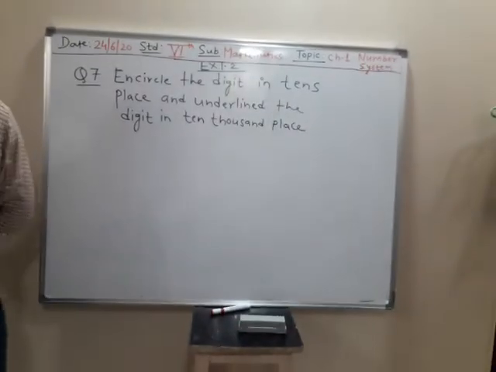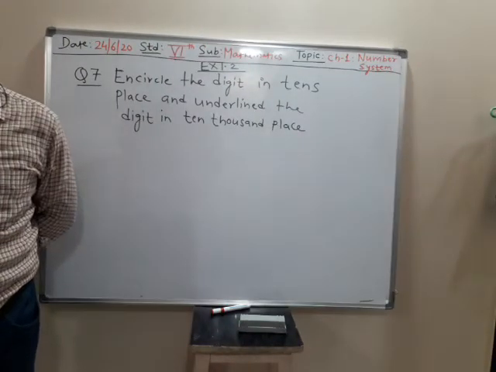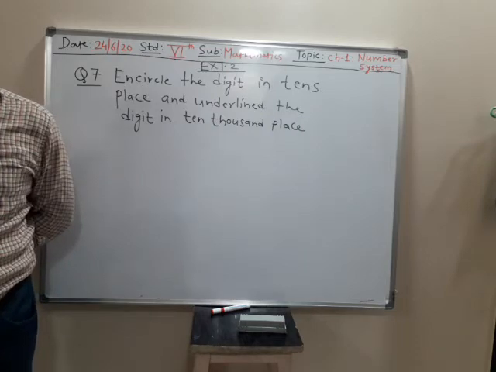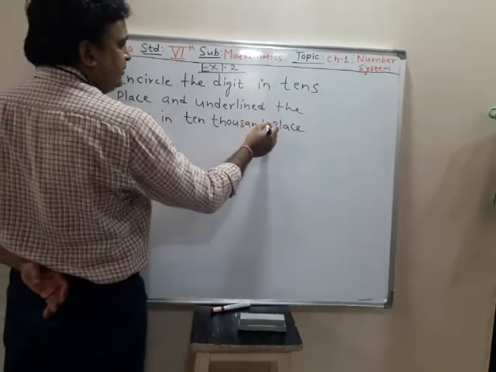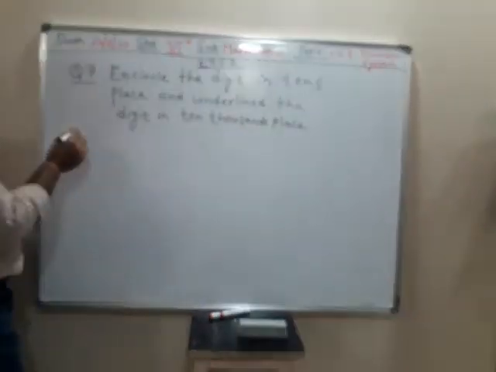Encircle the digit in tens place, and underline the digit in the 10,000s place. The 10,000s place we have to underline.